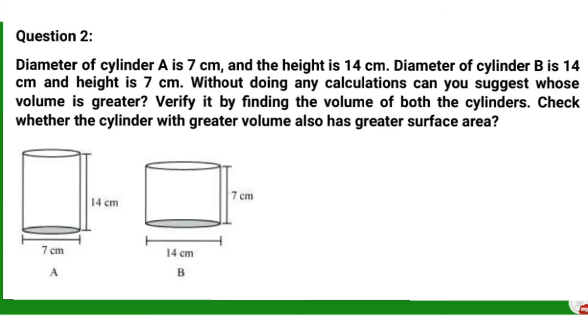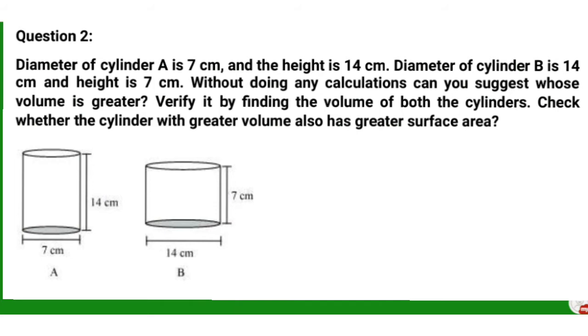Moving on to the next, second question. We have diameter of cylinder A is 7 centimeters, and height is 14 centimeters. Diameter of cylinder B is 14 centimeters, and height is 7 centimeters. Beside the question you can see the two cylindrical shapes here, with their dimensions, diameter and height, given. We have to tell, without doing any calculation, can you suggest whose volume is greater?